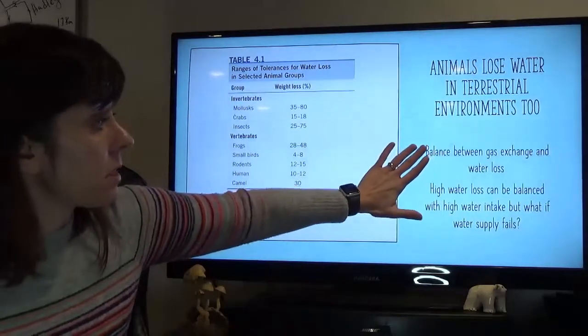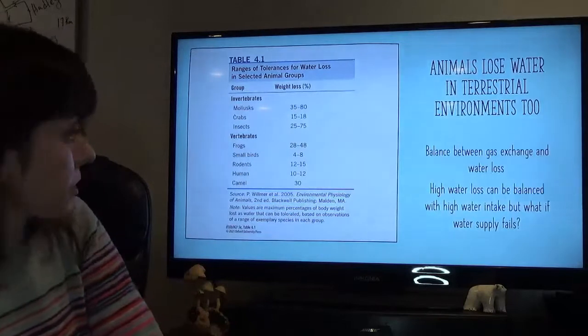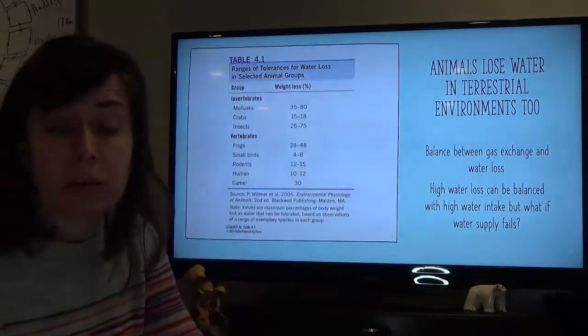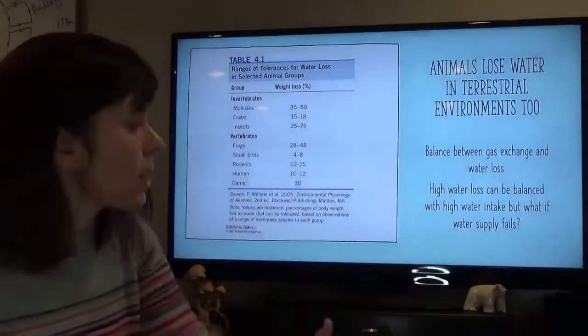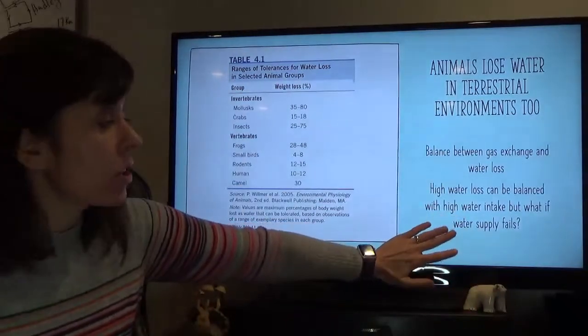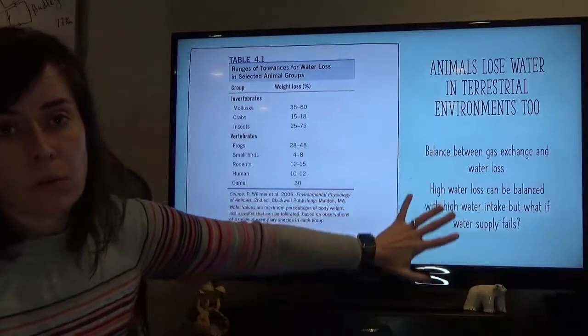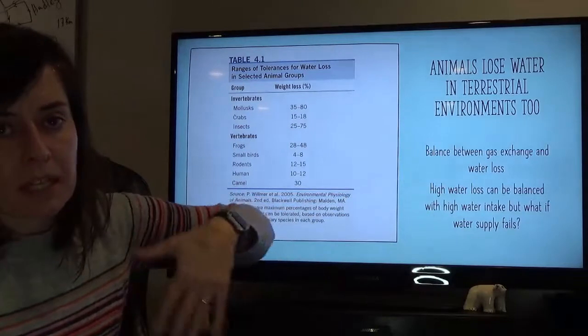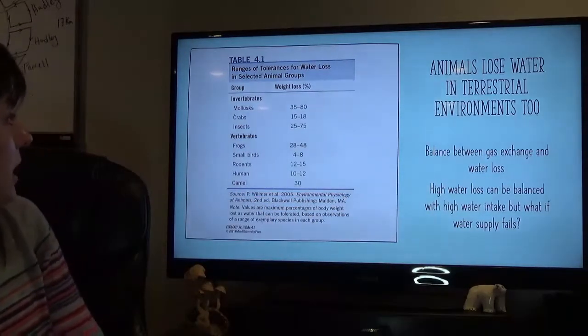And so same problem for terrestrial animals. And then high water loss can be balanced with high water intake. So, when you're hot and thirsty, you can always drink more water, but that's great until your water supply fails. And so, these constraints limit where different organisms can occur and the types of environments they can live in.